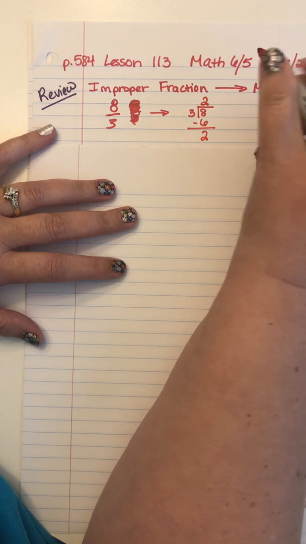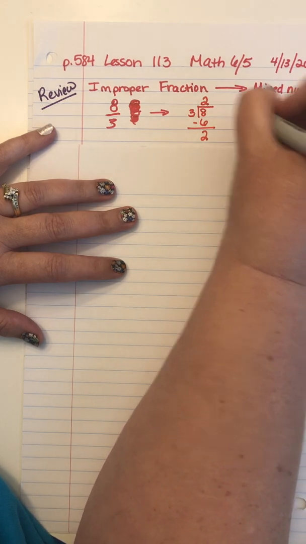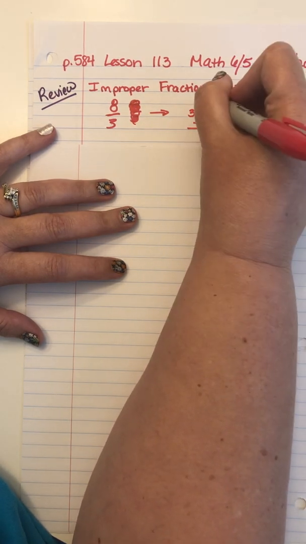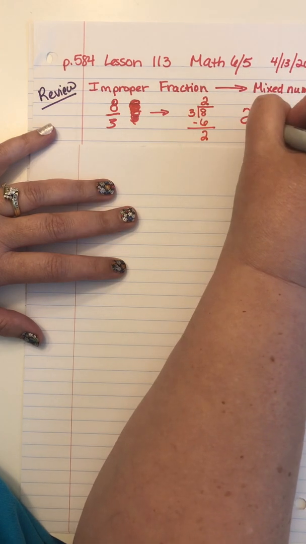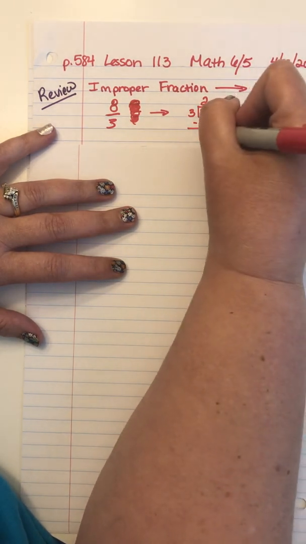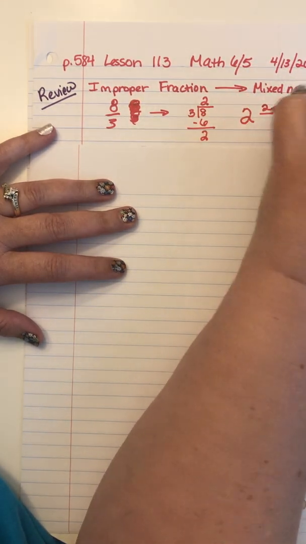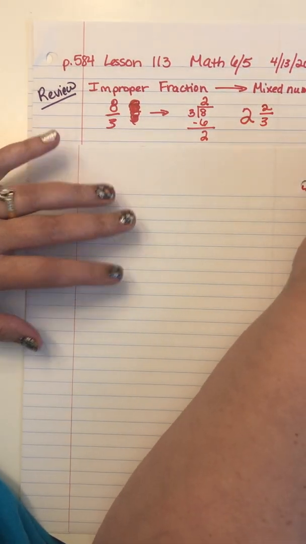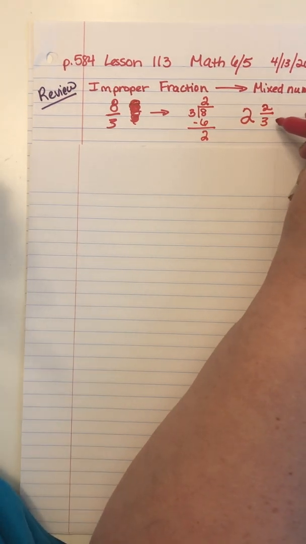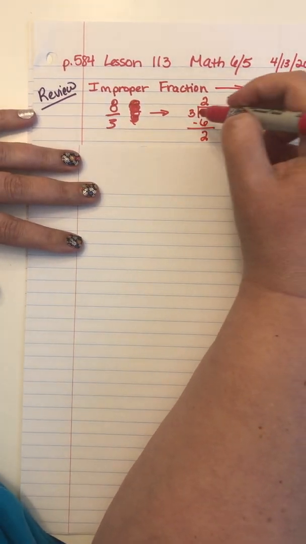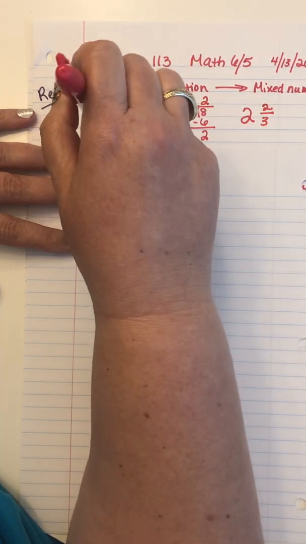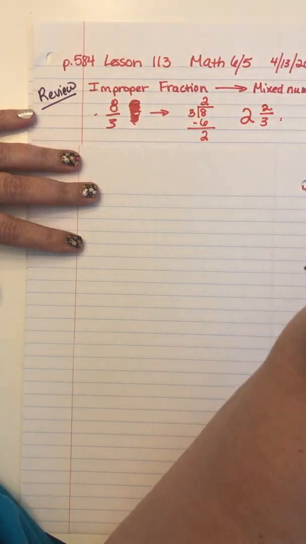So now the whole number in our answer becomes our whole number in our mixed number. Our remainder becomes our numerator, and our divisor becomes our denominator.